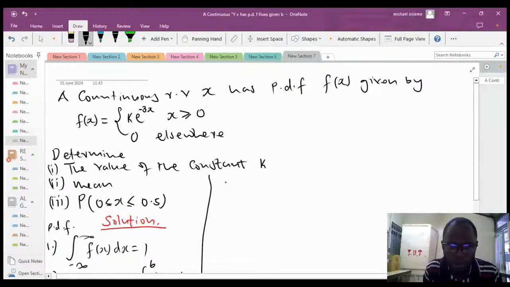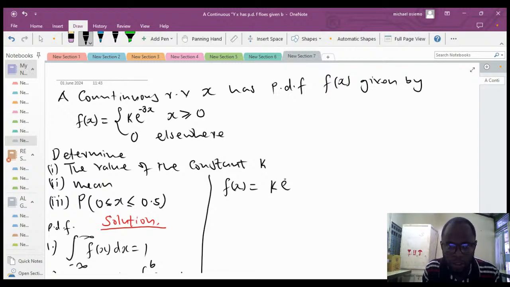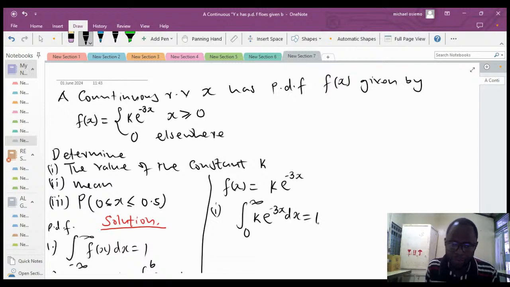Our f of x is equal to k exponential negative 3x. For Roman 1, the integral from 0 to infinity of k exponential negative 3x dx should be equal to 1, applying condition number 2.